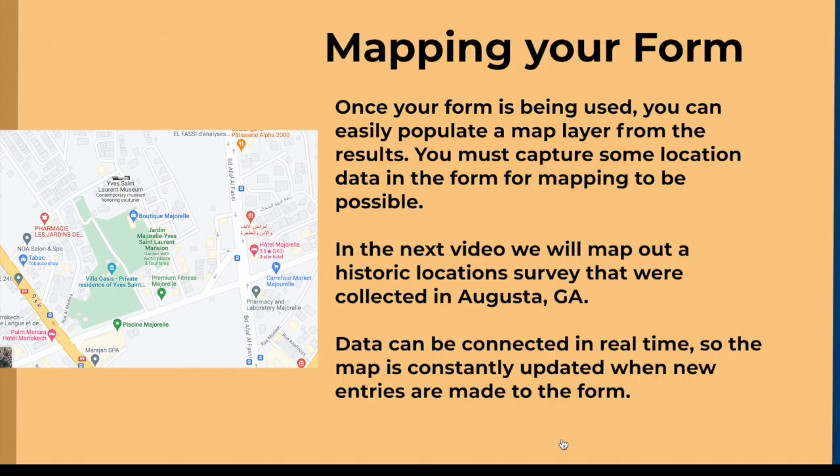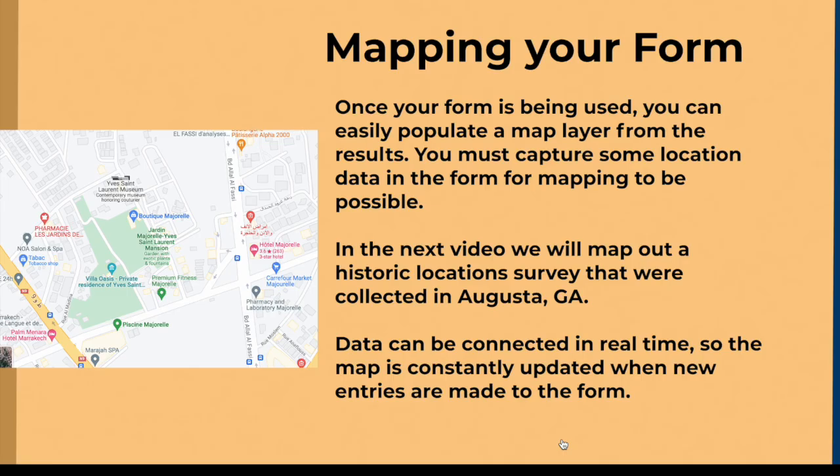All right. Once you have populated a form and you have gotten multiple users to use it, then you can easily populate a map layer from the results. You must have captured some location data in the form for the mapping to be possible. So make sure that you have lat long, or the easiest is probably the address and the zip code.